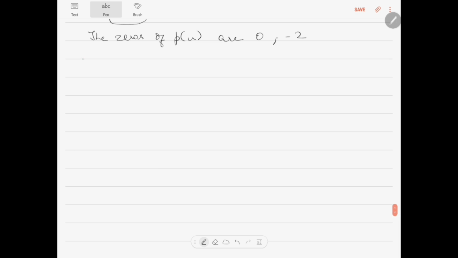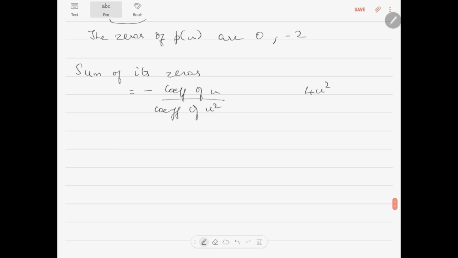Now finding the sum of its zeros will be minus coefficient of u by coefficient of u square. So the polynomial is 4u square plus 8u, which is equal to minus of 8 by 4.